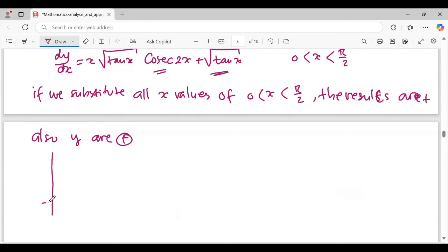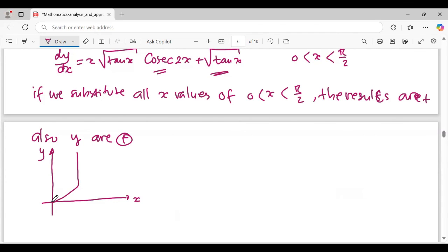If you look at the graph, y against x, it's supposed to be like this. The graph is a straight line here, and then coming like this.